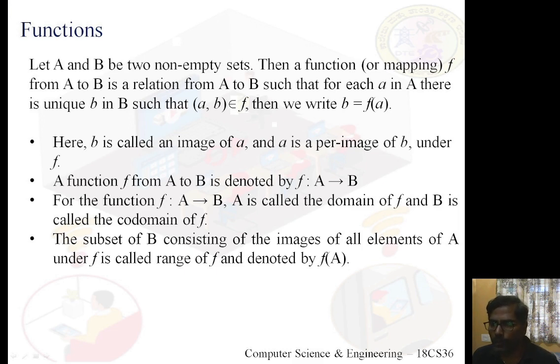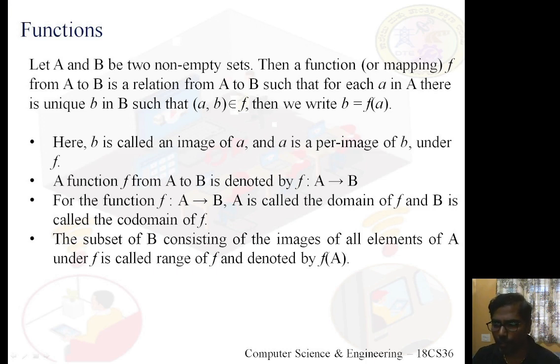So, we know that if set A contains m elements and set B contains n elements, A cross B will have m into n elements. The number of subsets of A cross B is nothing but 2 power mn. All these 2 power mn subsets of A cross B we call a relation from A to B. Got it? Of these 2 power mn relations, we need to look at a few relations.